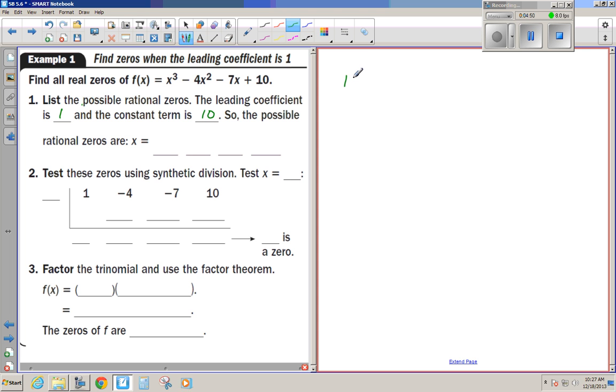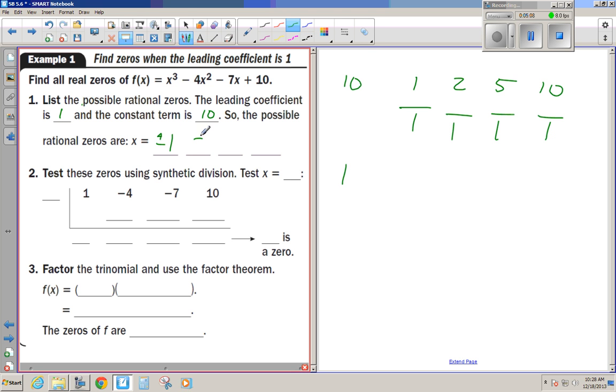So you've got 10. Factors are 1, 2, 5, and 10. And you've got 1, which is just 1. So we divide each of these by 1. And our possible zeros are plus or minus 1, plus or minus 2, plus or minus 5, plus or minus 10.